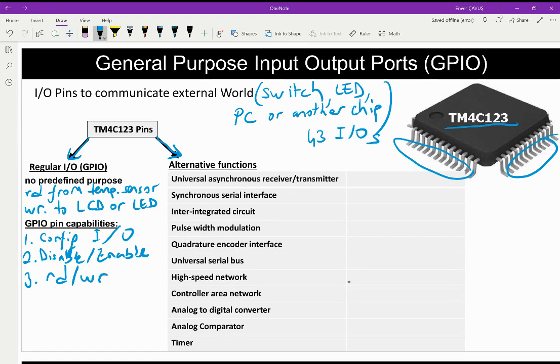If we write to it, we can read back what we have written. And finally, we can use these inputs to trigger the interrupt function.